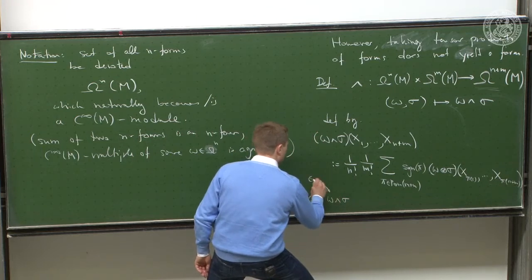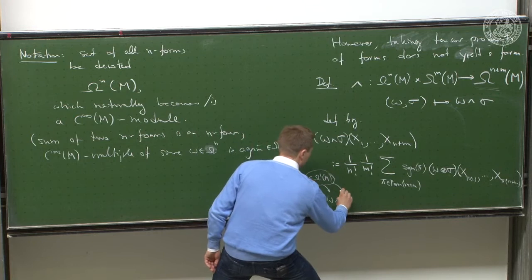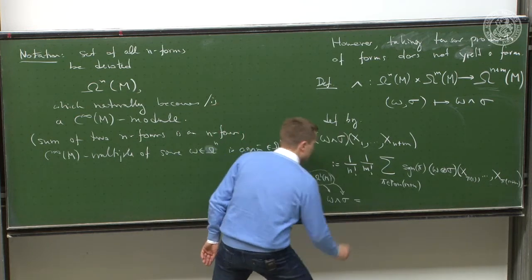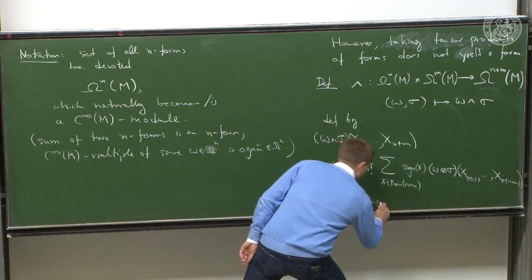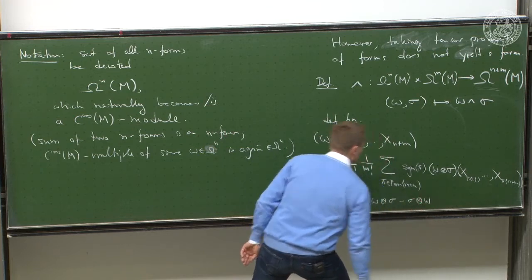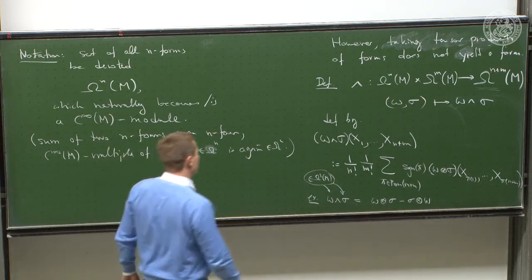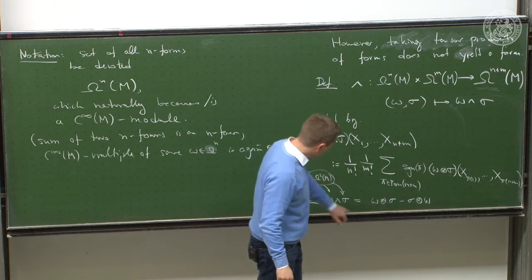Okay, and the simplest example would probably be you take a one-form omega and you also take a one-form sigma, and what you then get is omega tensor sigma minus sigma tensor omega. And so the convention I chose here doesn't put a weight here.